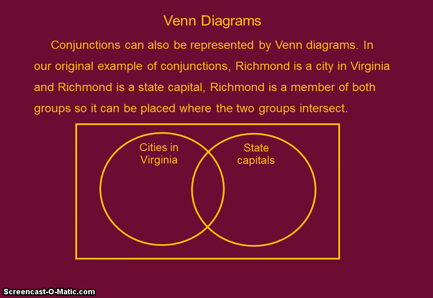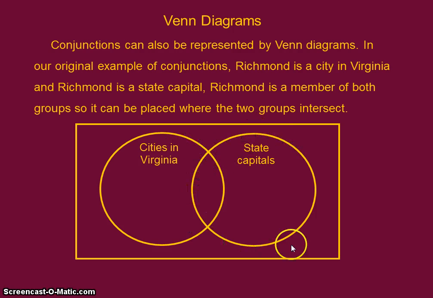Let's look at Venn diagrams. Conjunctions can also be represented by Venn diagrams. In our original example of conjunctions, Richmond is a city in Virginia and Richmond is the state capital. Richmond is a member of both groups, cities in Virginia and state capitals, so it can be placed where the two groups intersect.